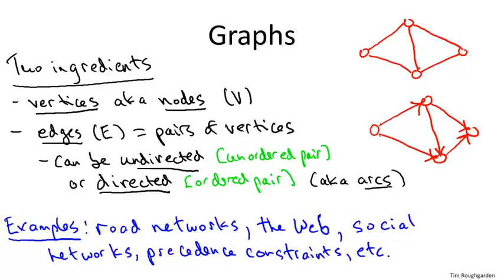And you could think about the following graph, where each of the courses in your major corresponds to a vertex, and you draw a directed edge from course A to course B if course A is a prerequisite for course B. That is, it has to be completed before you begin course B. Okay, so that's a way to represent dependencies, sort of a temporal ordering between pairs of objects, using a directed graph. So that's the basic language of graphs.